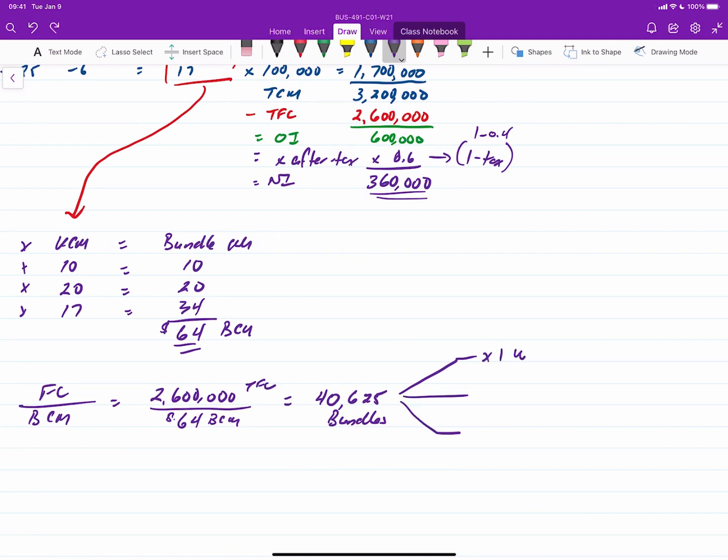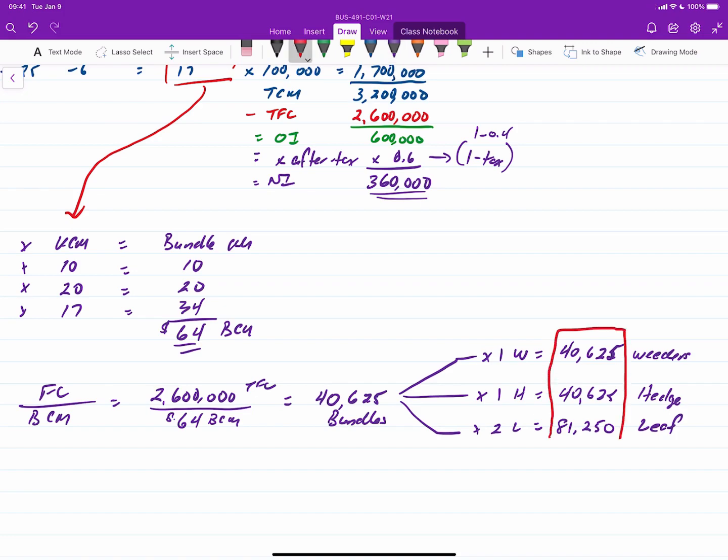So times 1 weeder is 40,625 weeders, times 1 hedge clipper is the same, 40,625 hedge, and times 2 leaf blowers for a total of 81,250 leaf blowers.